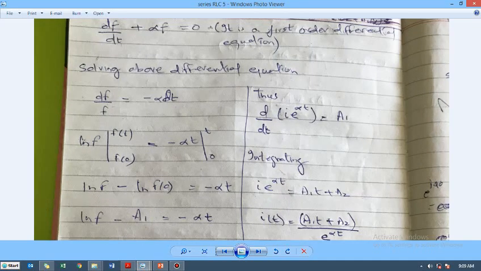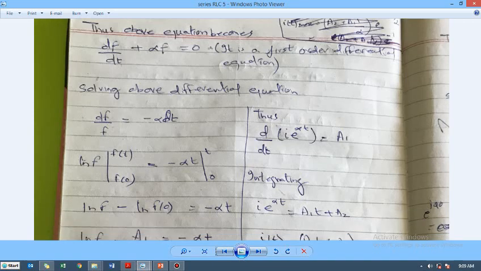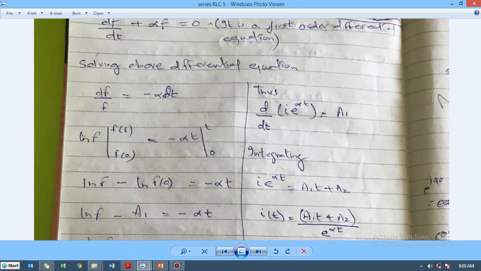We have a little left, so we can do it quickly. It is just a first order differential equation. We follow the same steps we did last time with the RL circuit and RC circuits. So this will be equal to ln of f, and then there will definitely be limits.